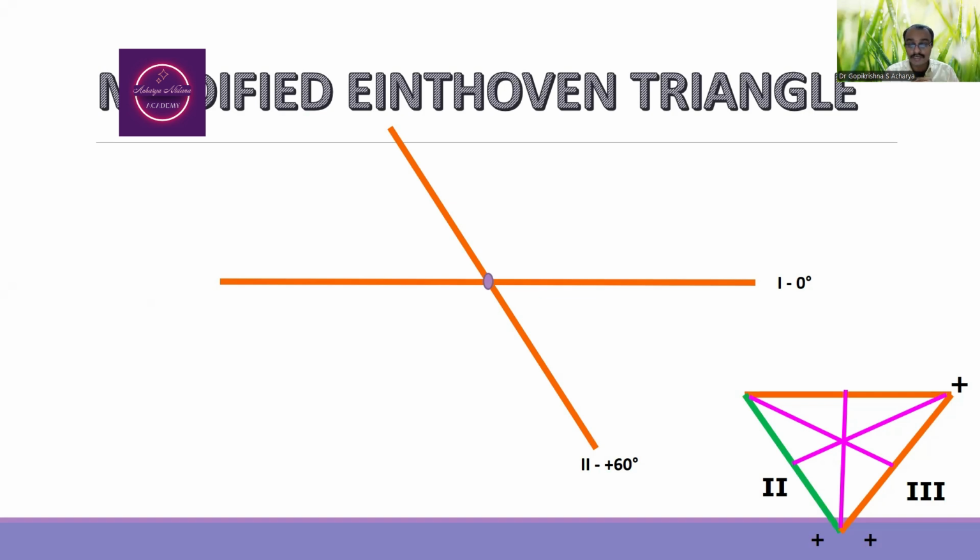As it is an equilateral triangle, the distance between lead 1 and lead 2 will be 60, that is plus 60 degrees. The third lead is modified in such a way that the positive pole of lead 3 is situated at plus 120 degrees.